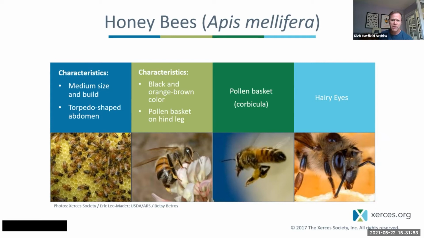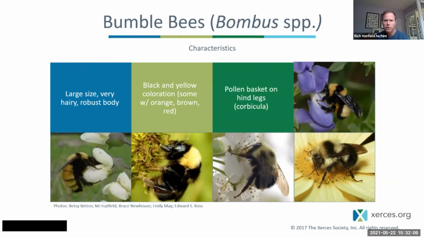So that brown and black patterning that you see is actually on their exoskeleton and not hairs. They have these torpedo-shaped, long linear abdomens, and they're these paler colors. Whereas our bumblebees are going to be big and bold and more hairy and more robust than honeybees for the most part.